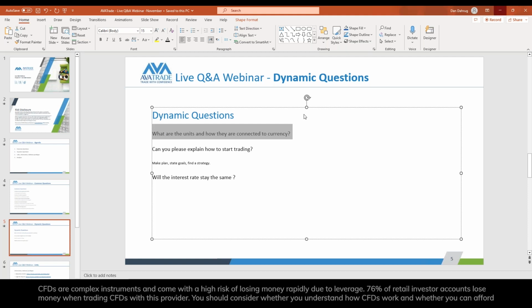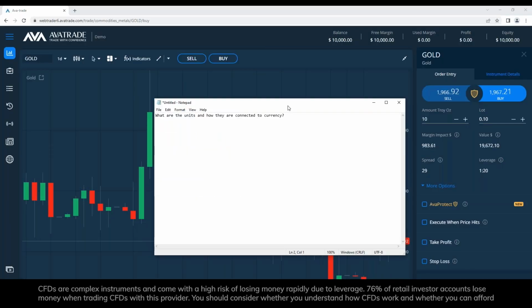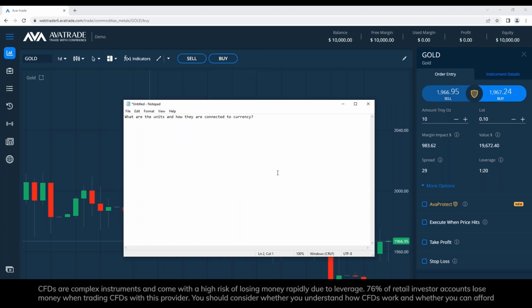So what are the units? Okay, so we'll have this question here, and we will understand. So units can be stocks or maybe shares. What else?